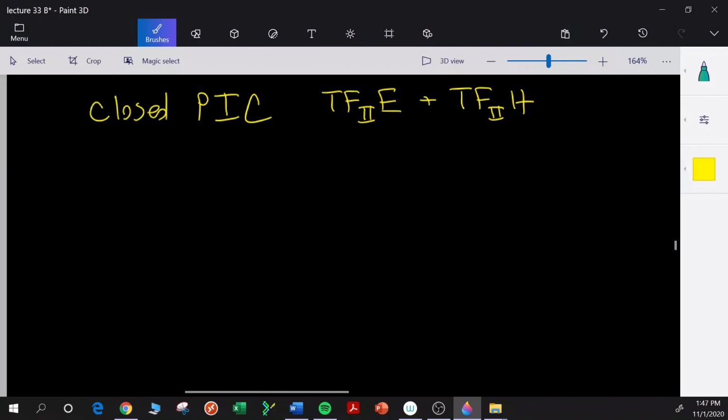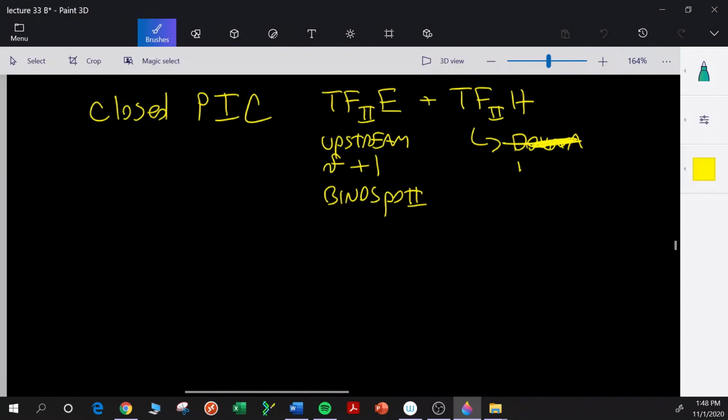Now, TF2E binds immediately upstream of the +1 site, so right before it, and it binds pol 2. TF2H binds downstream of the +1 site, and it binds to TF2E. So it binds both of these.